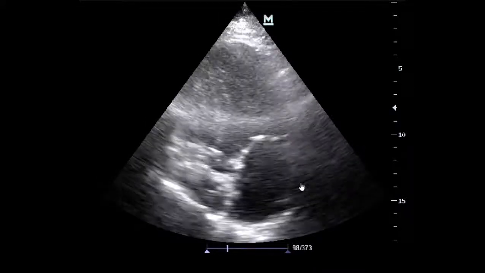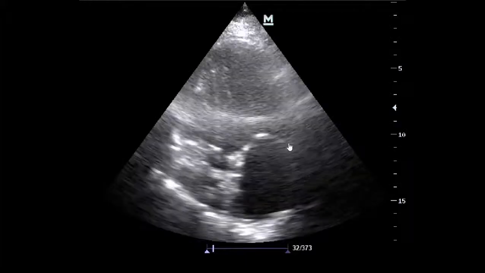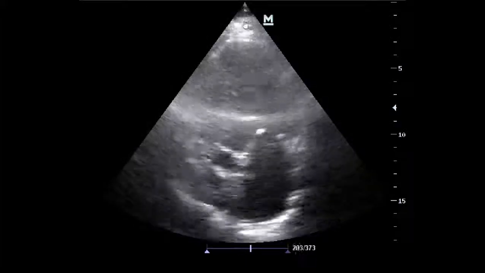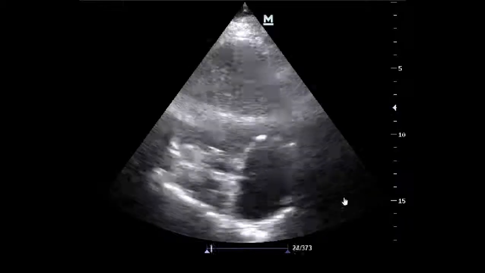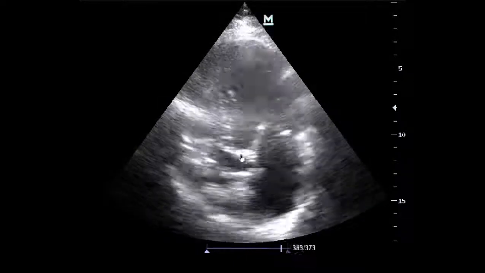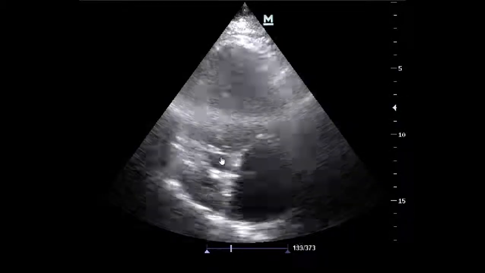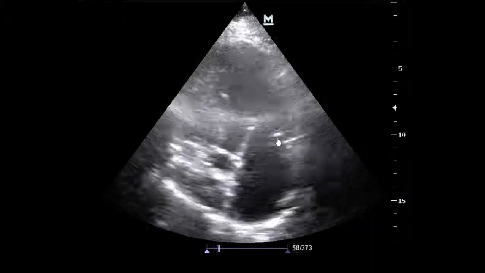This is the 4-chamber view, or rather 5-chamber view because the aortic valve appears here. This is the left atrium, mitral valve, left ventricle, right ventricle, aortic tract, and aortic valve. You see the calcification of the aortic valve, highly echogenic, and calcification of the tip of the mitral valve.